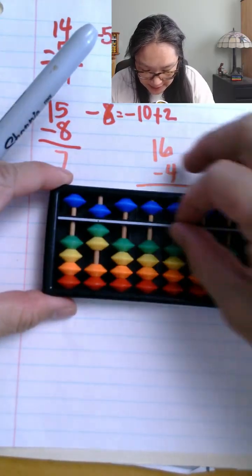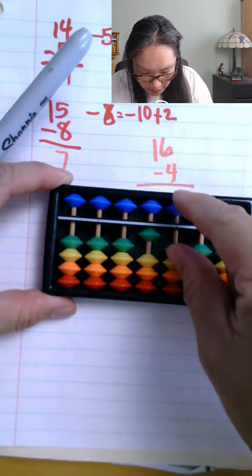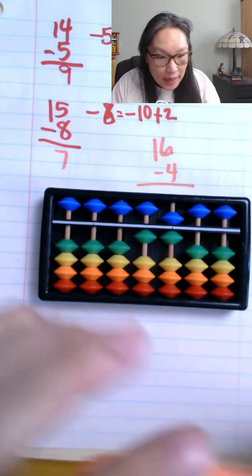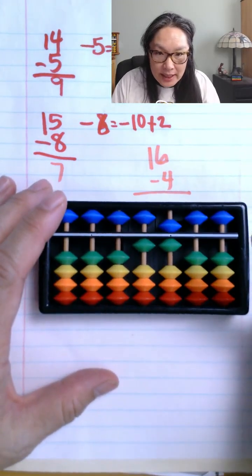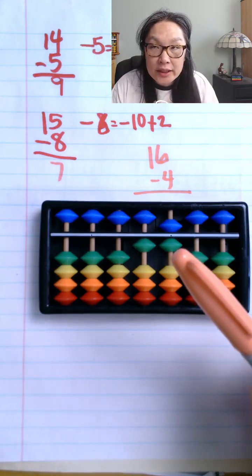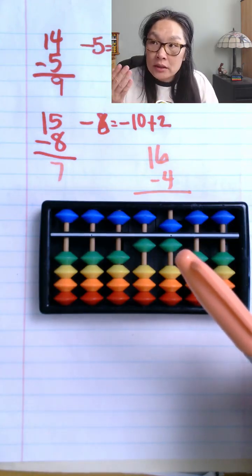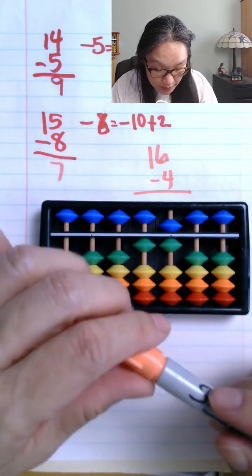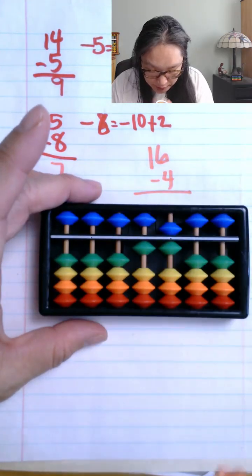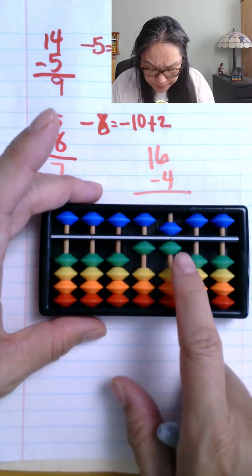If we have 16 and we want to take away 4. Again, it's just to practice the minus because we don't subtract a lot. I haven't been subtracting a lot in my lives. So I think we need to practice that because now the question is how do I take away 4?